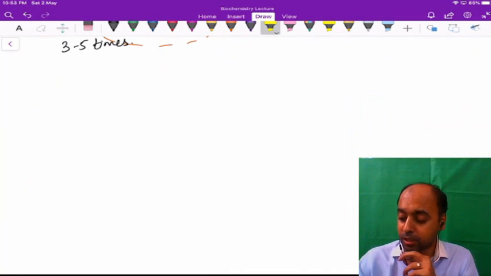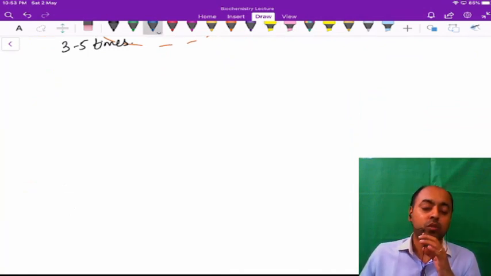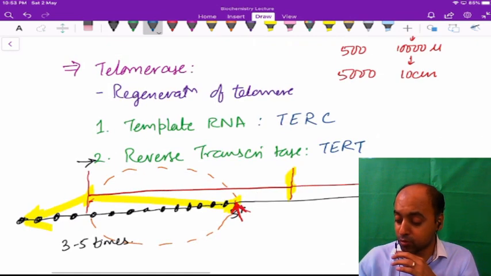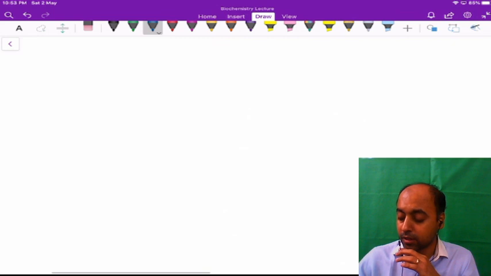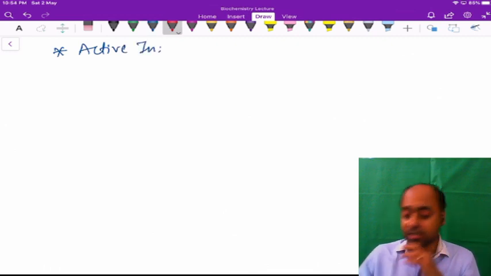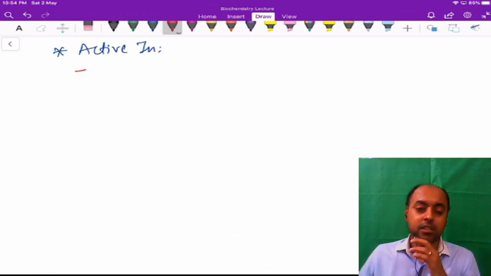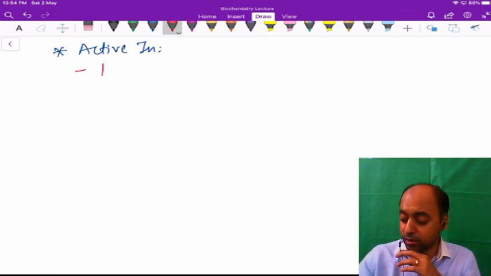Importance of telomerase: it is able to regenerate. We had said it is able to carry out regeneration of the telomere. Please note down a few tissues where the telomerase is active. The telomerase is active in, I told you, the hair follicle.